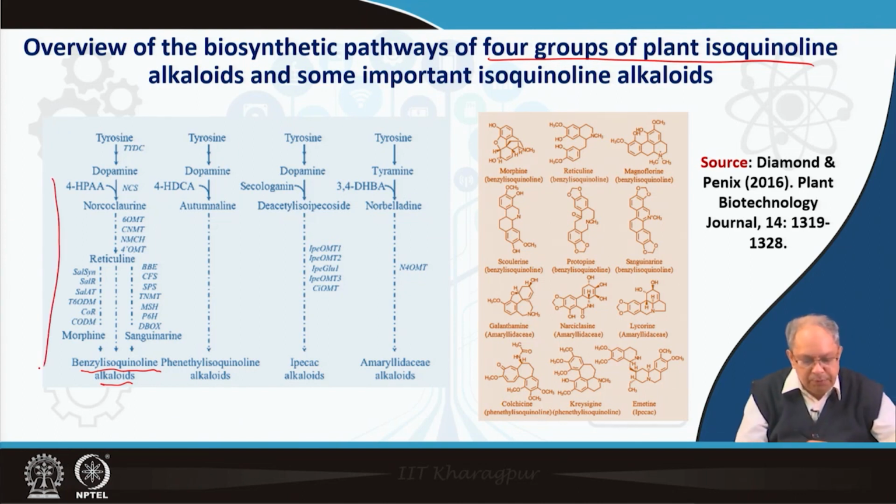The other one is the phenylethyl isoquinoline alkaloids. The example of this group is colchicine, and for your information, colchicine biosynthesis has been elucidated only a few years back and was published in a very high impact journal.